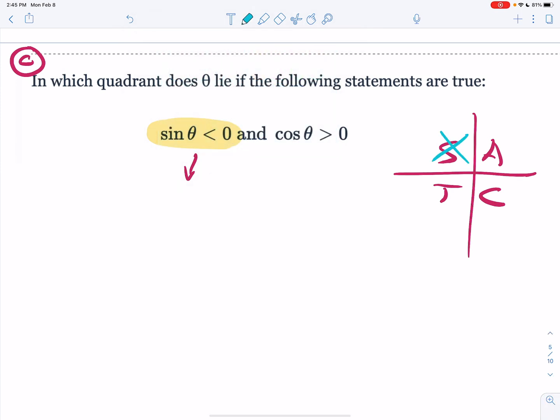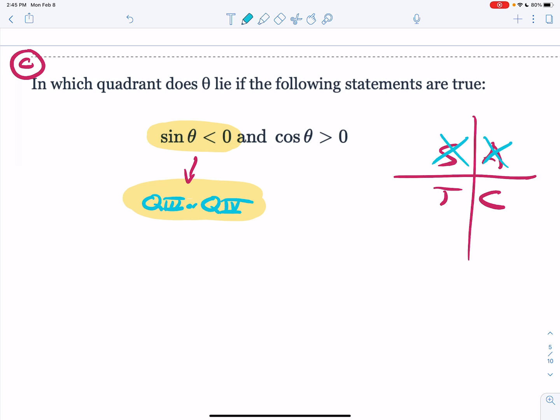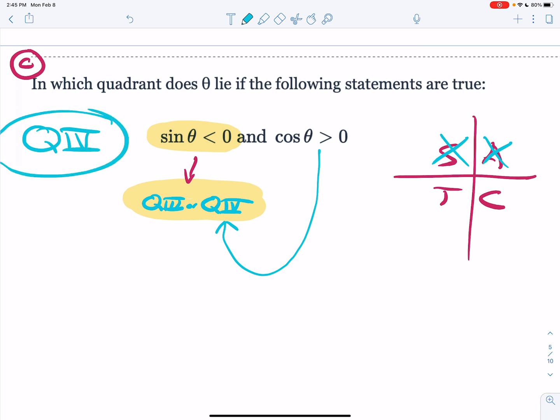So I know it's not 1 or 2. But cosine, let me write this down before I forget. So in quadrants 3 or 4, but cosine has to be positive, so I know that it has to be in quadrant 4. That's it.